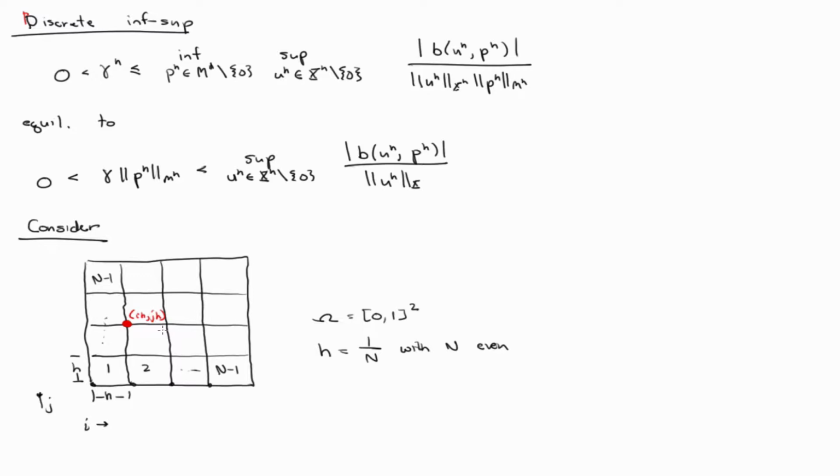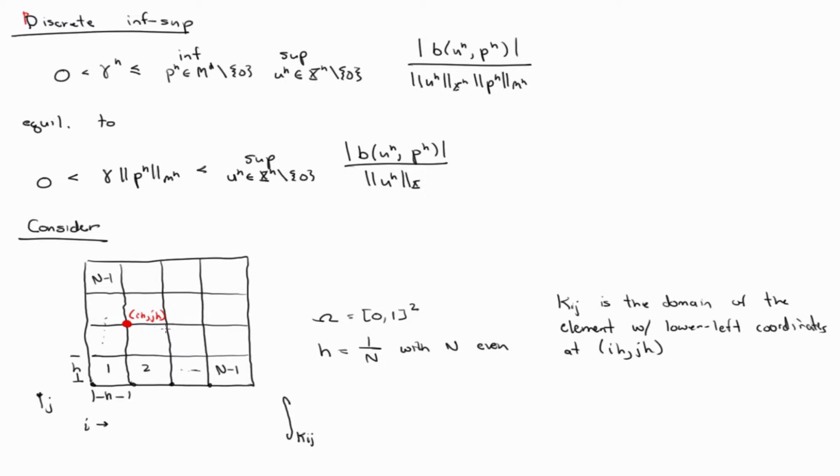Okay. So let's first look at the integral over Kij, where Kij is the domain of the element with lower left-hand coordinates at I, H, J, H, right?